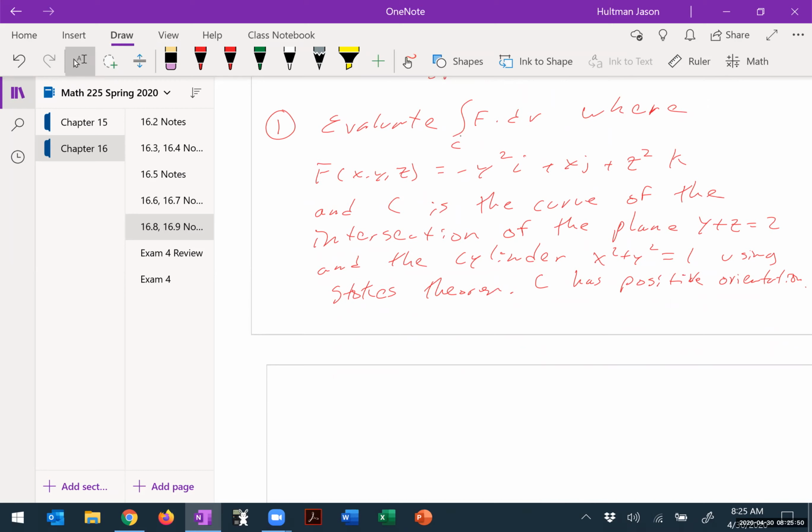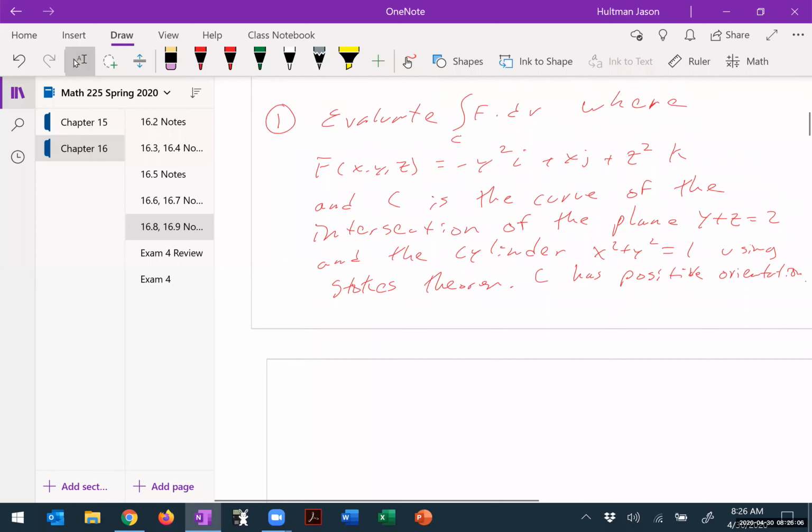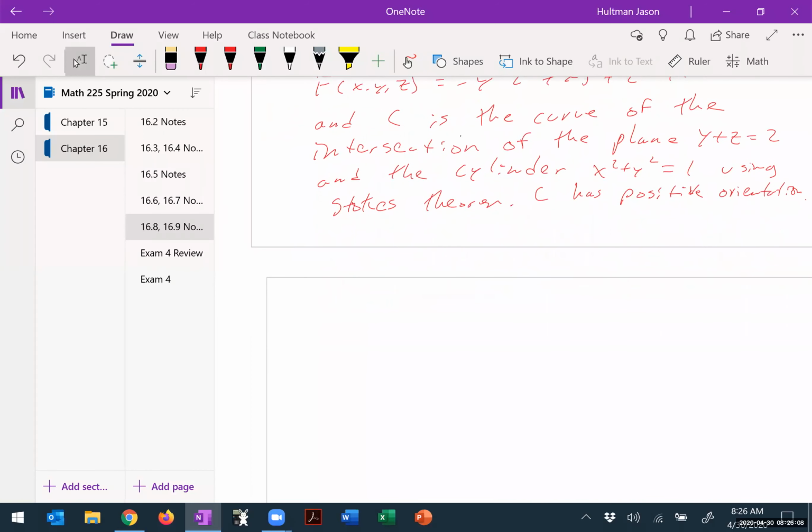We could parametrize that, but with the intersection of the plane, it would get tricky to try to find an r value for C. Stokes' theorem is helpful when it's hard to find exactly what the parametrization of curve C is. In this case, it's the intersection of a cylinder and a plane.